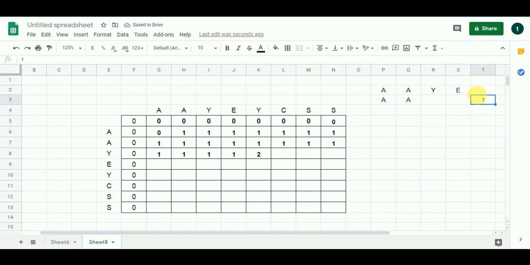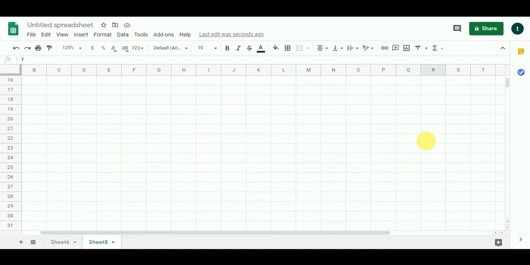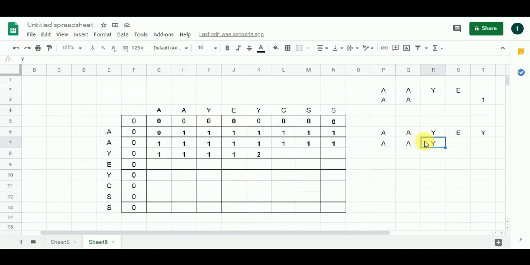Now the subproblem which I am targeting, or the value of which I am searching, is going to be A, Y, E, Y and A, Y. Take a look here. So this Y is going to be matching with this Y for our condition. That means we are getting 1 more character which will be adding to our longest repeating subsequence.